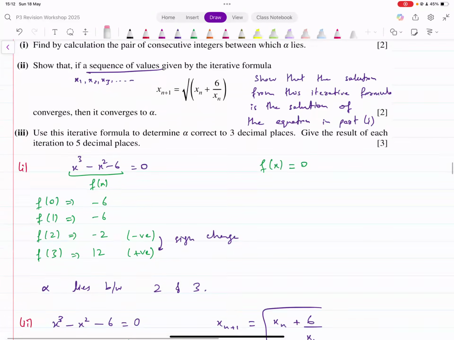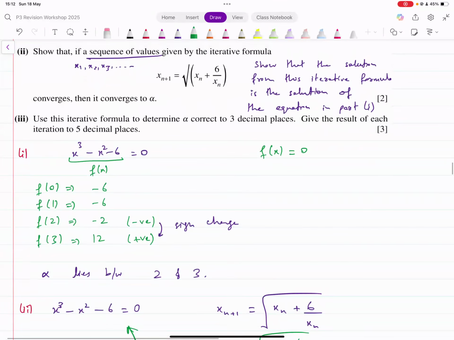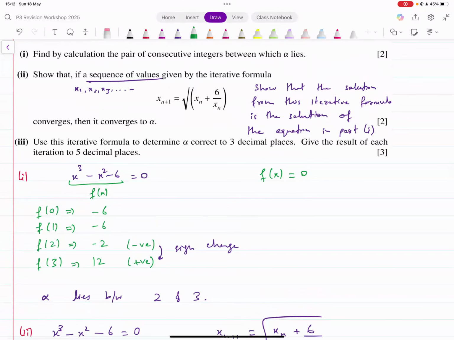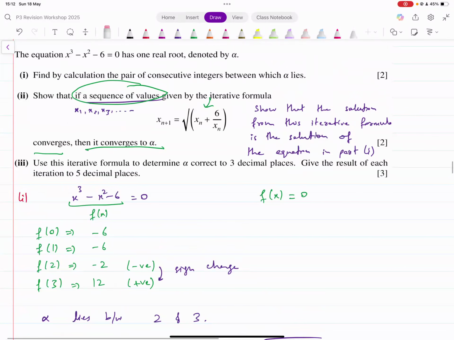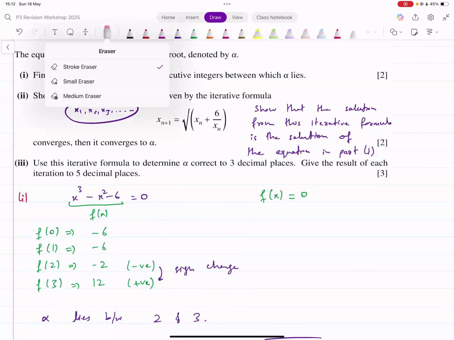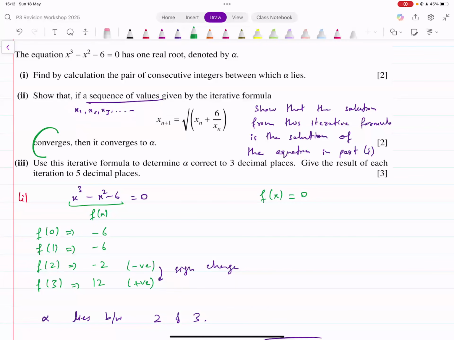Now, the second part. They use this kind of statement a lot in questions on iteration. Show that if a sequence of values given by this iterative formula converges, then it converges to alpha. Now, what does that mean? Sequence of values. What sequence of values? From the iterative formula, you get x1, x2, x3, x4, and so on, right? That's the sequence of values. If it converges, that means if it gets stable to a value, that means if it gives you a solution.